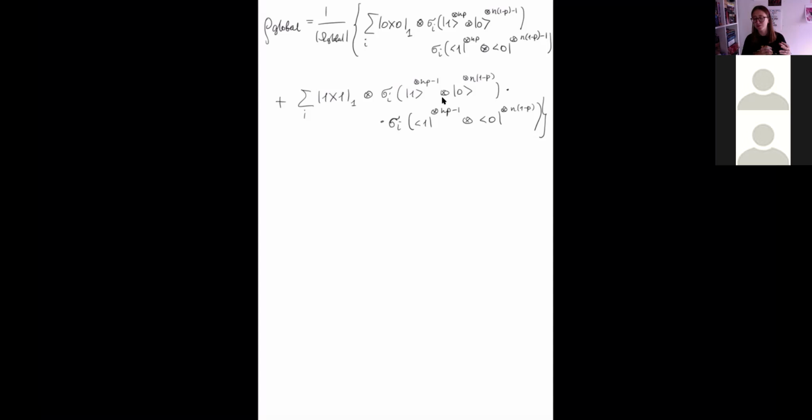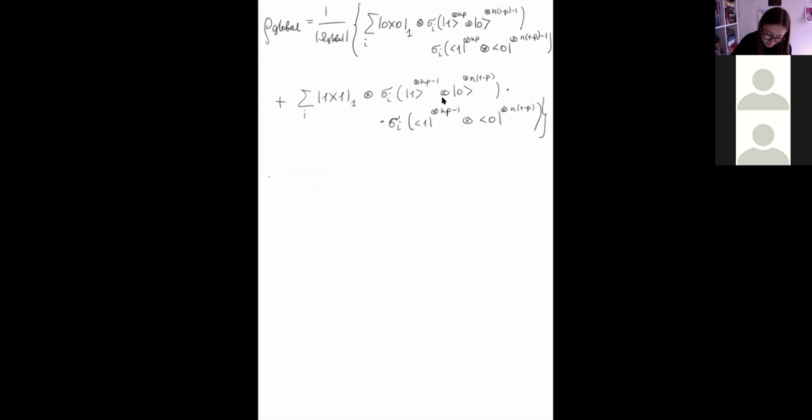Their basis is all the possible states with all possible combinations of 0s and 1s, except that now the total number of 0s and 1s has to be n minus 1, because we're tracing out n minus 1 systems. And the only non-zero contributions to this partial trace come from this.